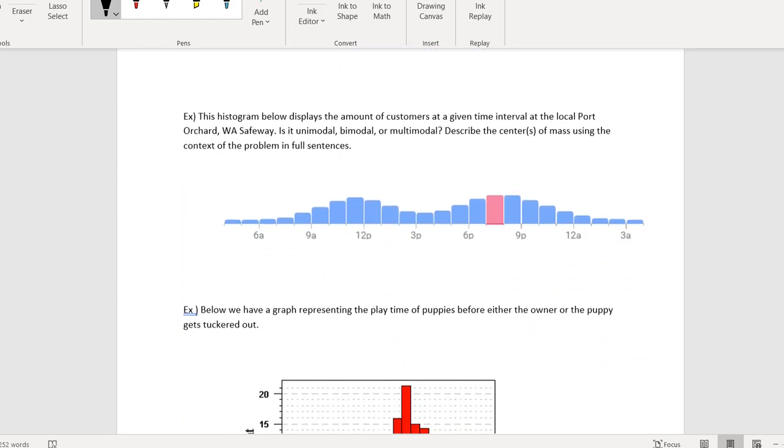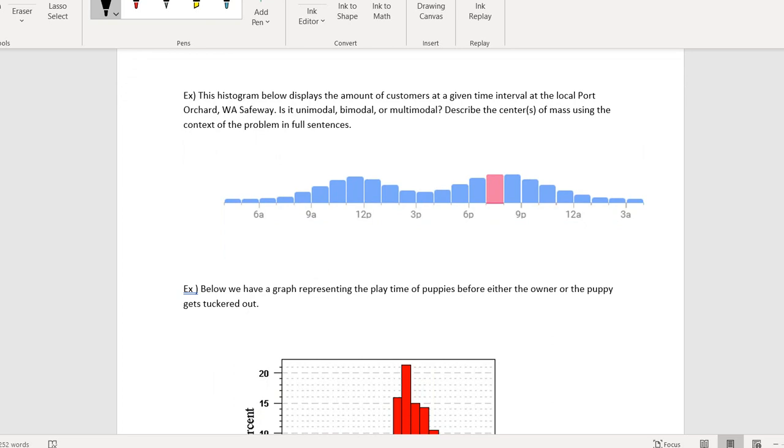Now, the last two things we're going to talk about are when you have two modes or two centers like this. So in this case, we're looking at the amount of customers on a given interval of time at a local Port Orchard Safeway. So because this has two mounds, we would say that it's bimodal.